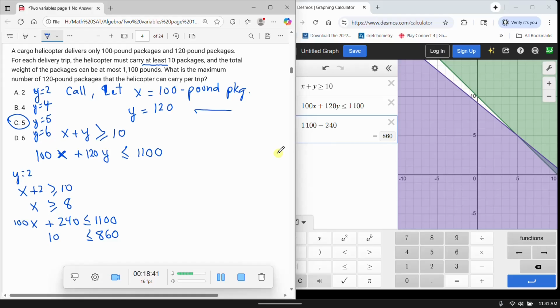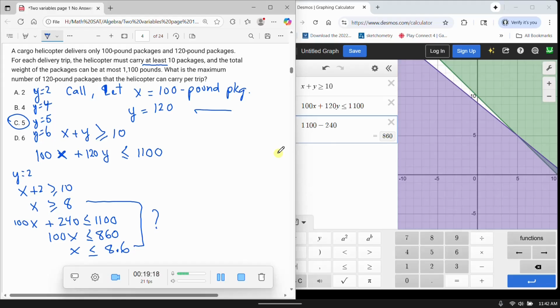Then we bring down 100x, divide by 100, x less or equal than 8.6. So look at the answers for this. One says x needs to be greater than 8, and the other equation says x needs to be less than 8.6. So we can't find any x like that.